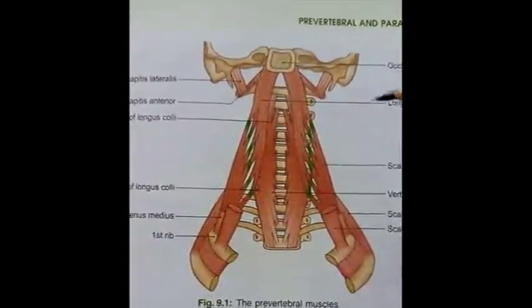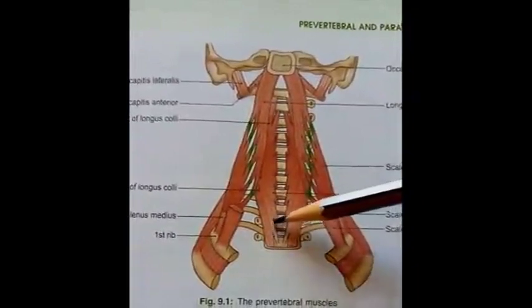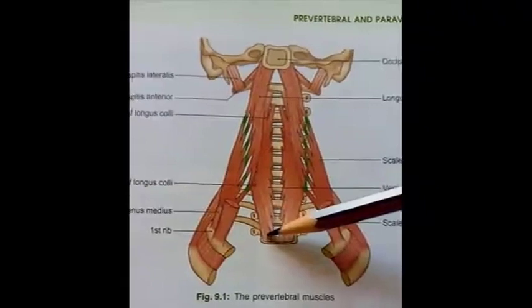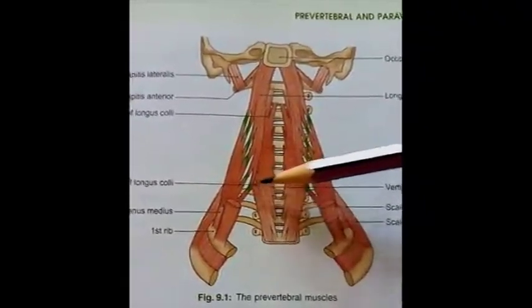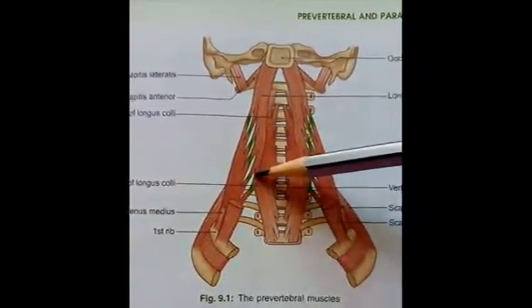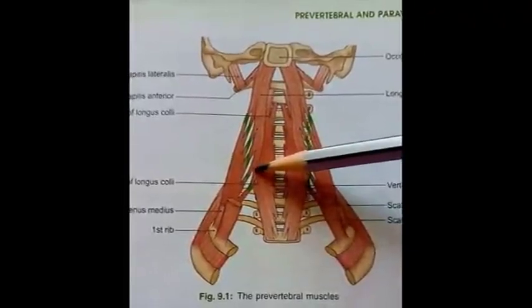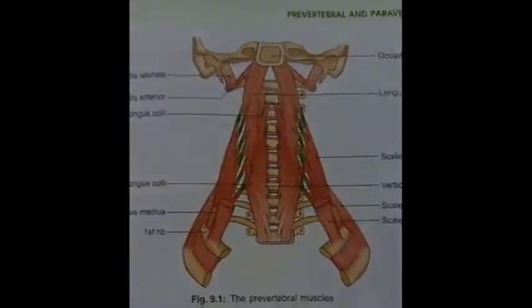Lower oblique part arises from bodies of 2nd and 3rd thoracic vertebrae, and the fibers run upwards and laterally and insert in the anterior tubercles of transverse processes of 5th and 6th cervical vertebrae.